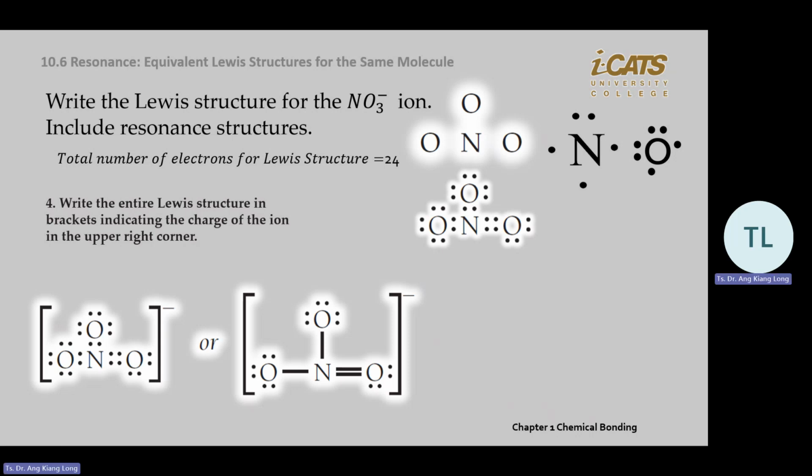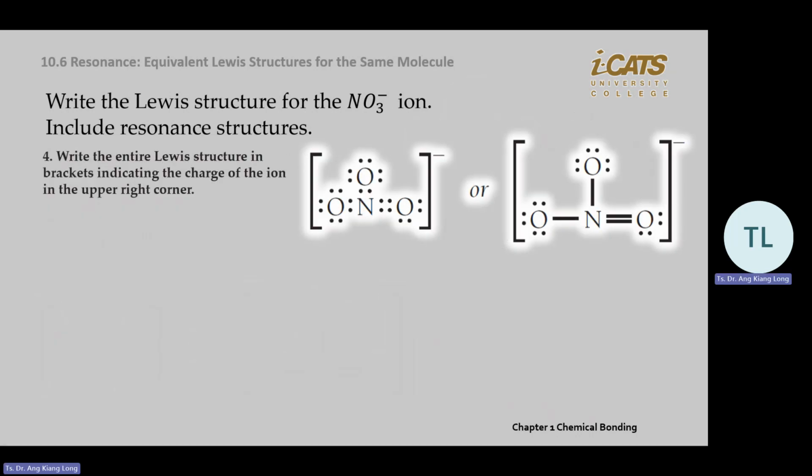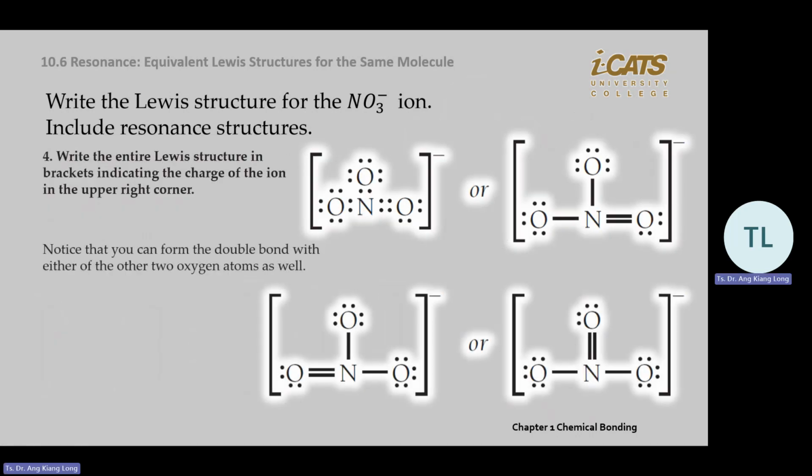Okay, any questions so far up to here? Right, so you know that you can build another one, something like this. This one has the double bond at the right-hand side, you can also form it at the top or at the left. So how do you write your complete answer?